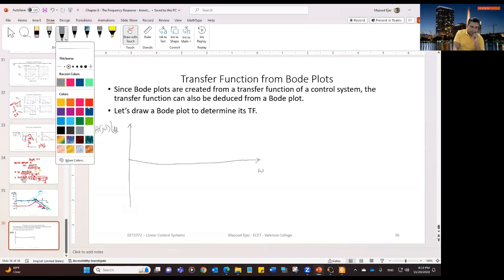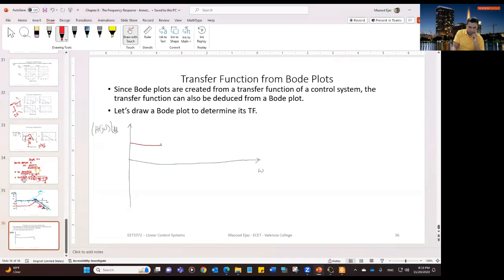And the Bode plot is, let's say this is your Bode plot. This is 50 decibel. Let's say this is 0.1. This is 10. This is 100.